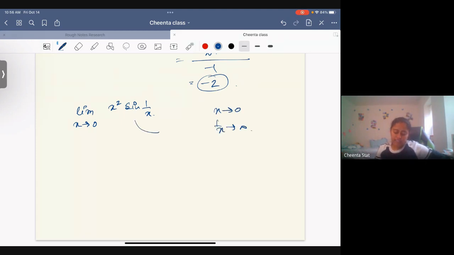And you know that sine is an oscillating function. At infinity it can take any value from +1 to -1. You don't know, really.